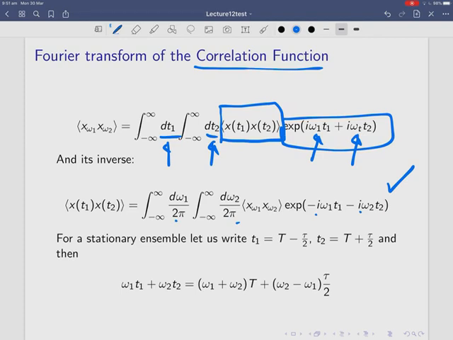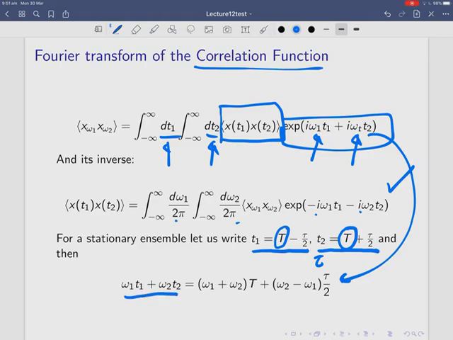Now, if we had a stationary ensemble, we can simplify this correlation function a bit further, because T1 would be equal to big T minus tau over 2, and T2 would be equal to big T plus tau over 2, where T is the absolute time, and tau is the difference between the 2 times. So we can write omega 1 T1 plus omega 2 T2 as omega 1 plus omega 2 times big T, plus omega times tau over 2 (with the appropriate frequency combination).